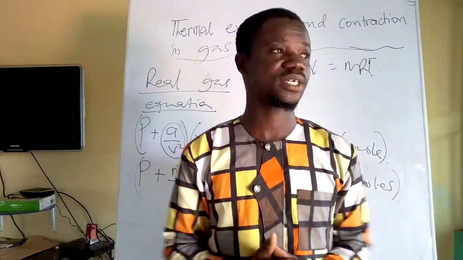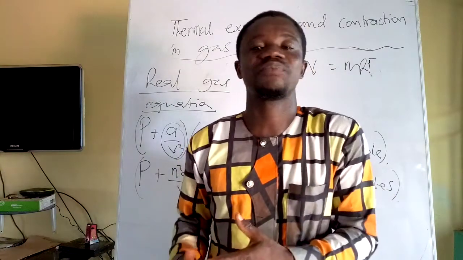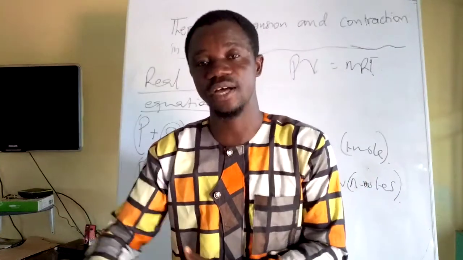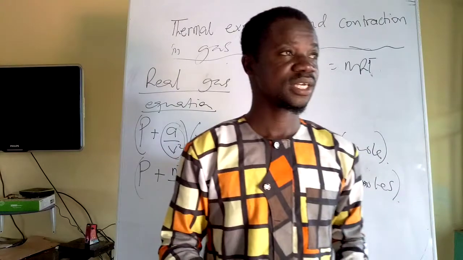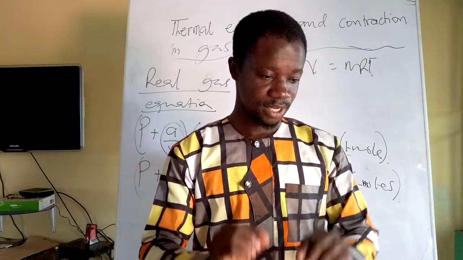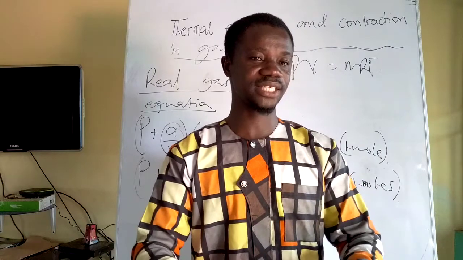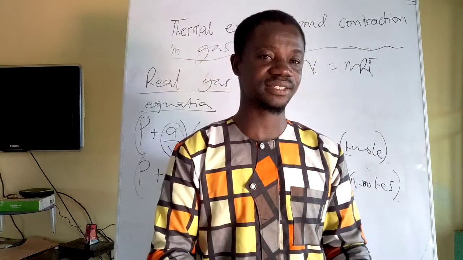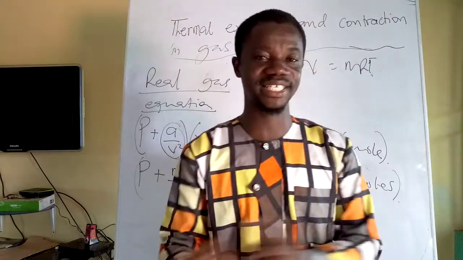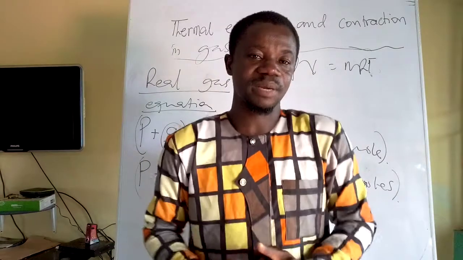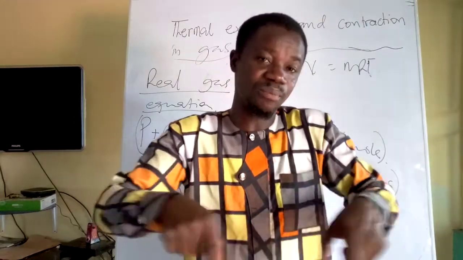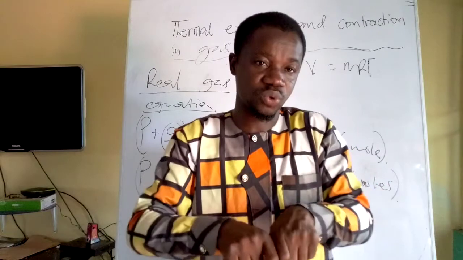Let me explain this. Why is it that at very high temperature, a real gas behaves like ideal gas? The reason is this. At very high temperature, the molecules of the gas gain kinetic energy. So the kinetic energy of the gas increases. Remember, in real gases, there is both potential energy and kinetic energy. The potential energy comes about as a result of the interaction between the molecules themselves, the force of attraction between the molecules.